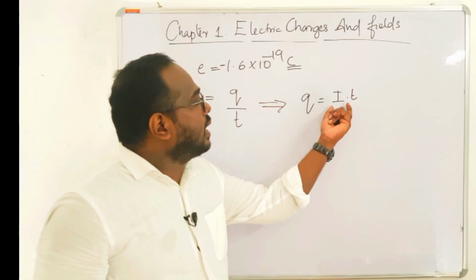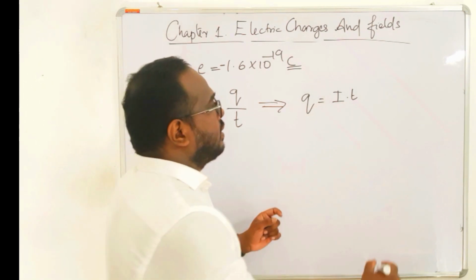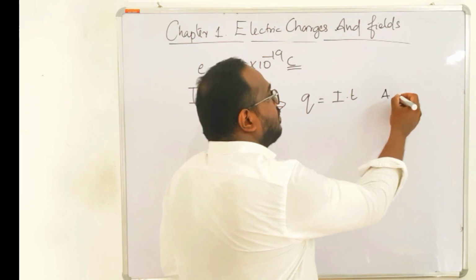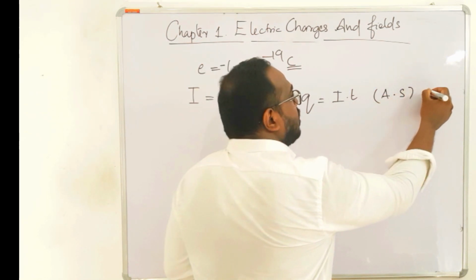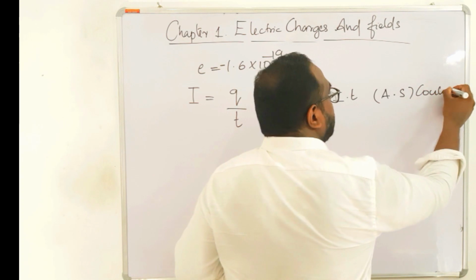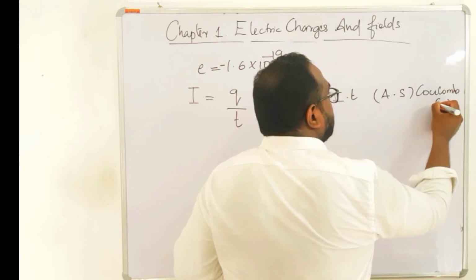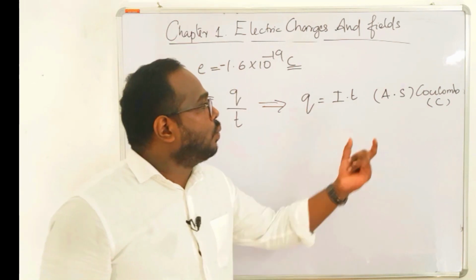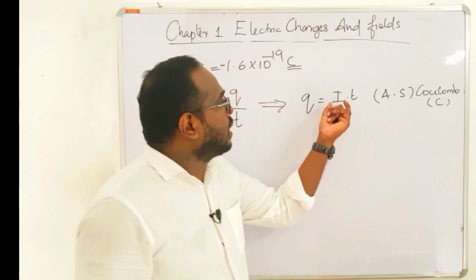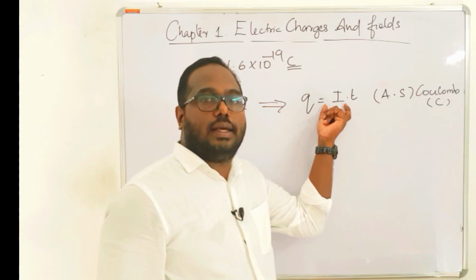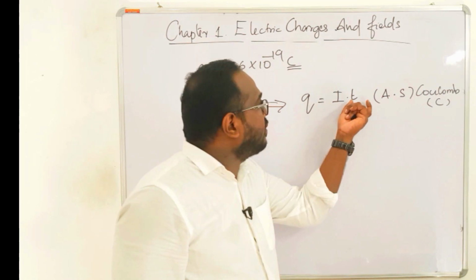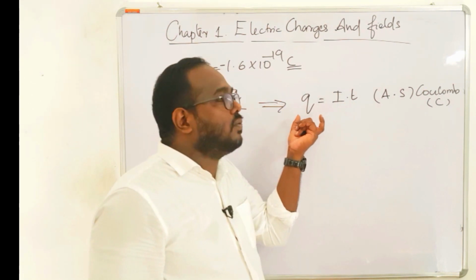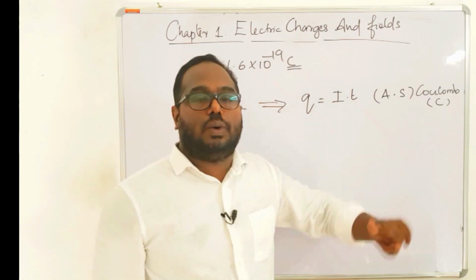What is the SI unit of current? Ampere, right? Denoted by A. What is the SI unit of time? Second. Ampere second is coulomb. From this equation, we can define coulomb. If 1 ampere current passes through a conductor for 1 second, the quantity of charge is 1 coulomb.